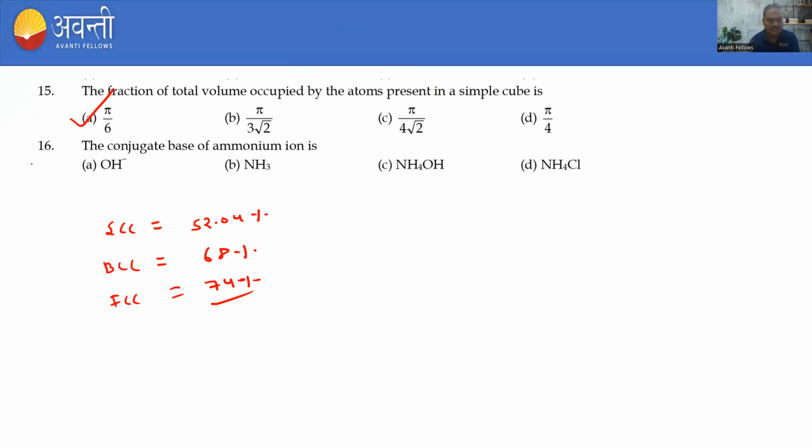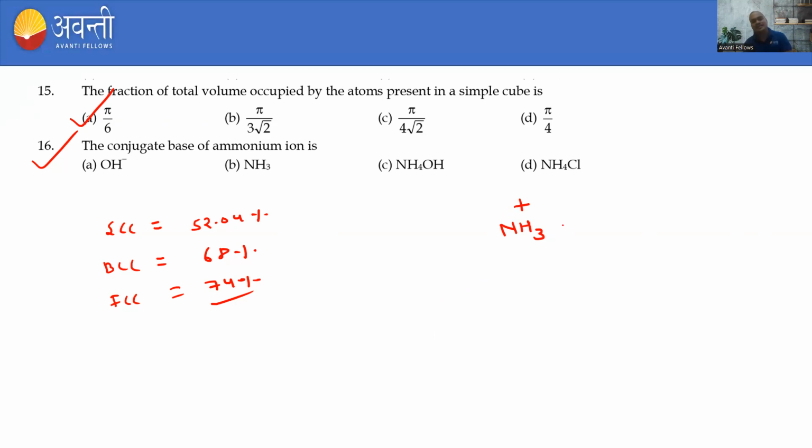Chalo. Now, the next question is, you need to calculate the conjugate base of ammonia ion, right? So we know ammonia ion they are asking, that is NH3 plus. So conjugate base of ammonia. If they are asking conjugate base, it means they are acid.